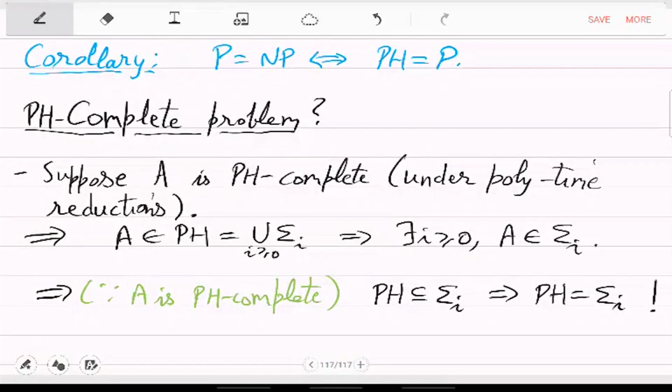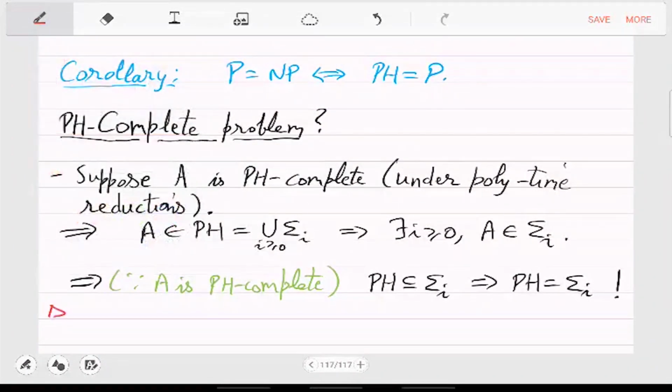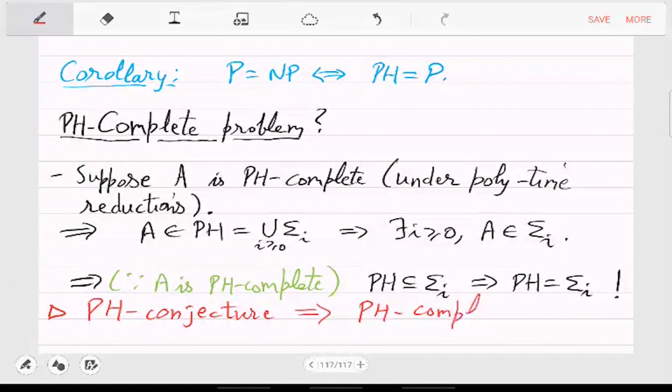So if there is a PH complete problem, then actually PH collapses. In other words, if the PH conjecture is true, then there is no PH complete problem. So the PH conjecture implies that PH complete problems don't exist.